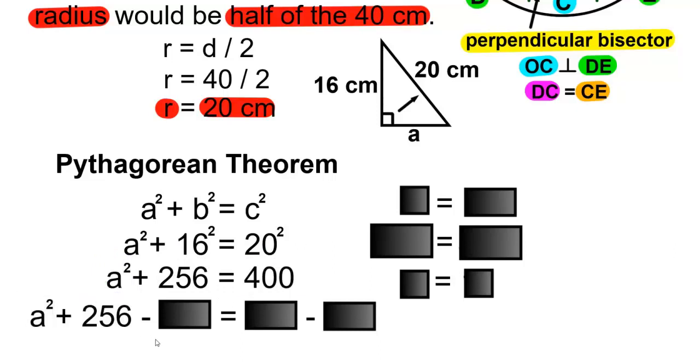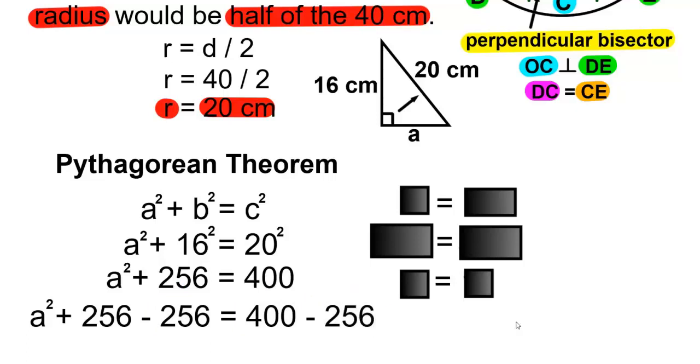To remove the plus 256, we'll subtract 256 from this side, and we'll do the same to the other side, so we'll subtract 256 from 400. The plus 256 and minus 256 will cancel, leaving us with a squared. And 400 minus 256 is going to be 144.